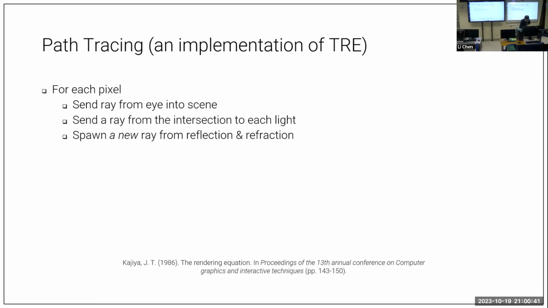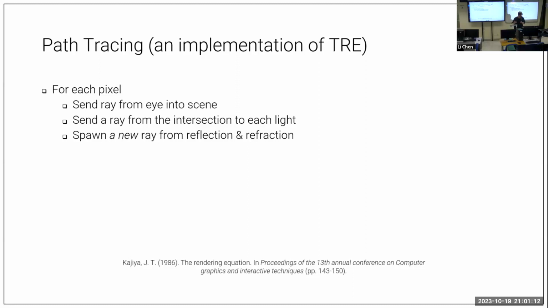First of all, send a ray from the eye into the scene. I think everyone knows this, right? This is also how the rendering equation tells you: if you want to calculate the illumination of a point, you shoot a ray and do the testing. So it no longer comes from different parts of the scene. It starts from the pixel first, the actual pixel you can see.